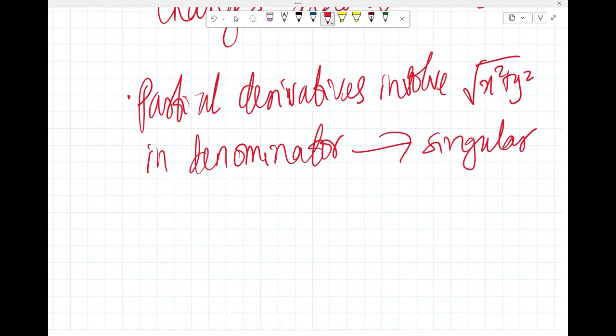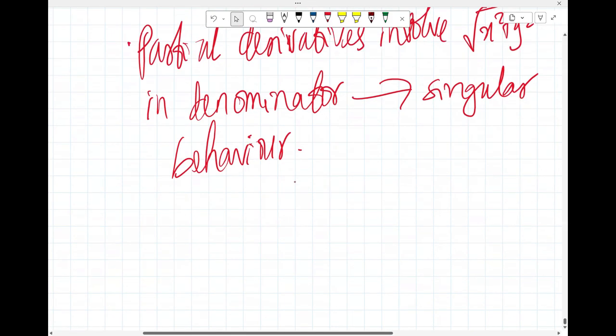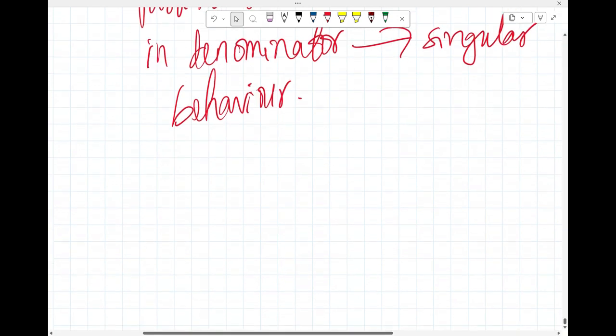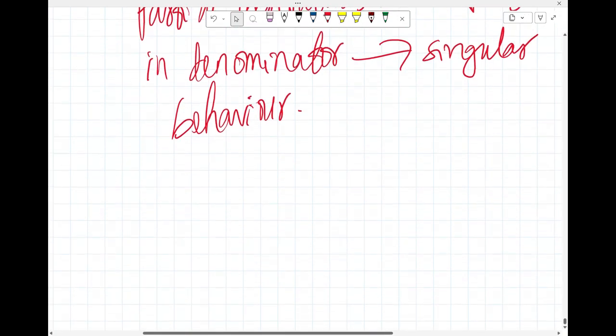That implies singular behavior, because when x and y are 0, the functions will be undefined. So that's some initial analysis there.